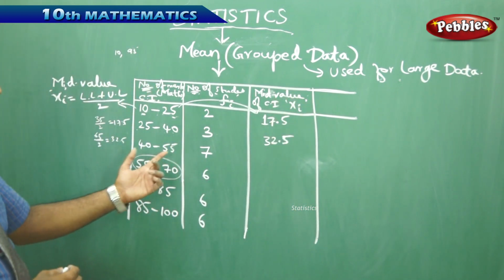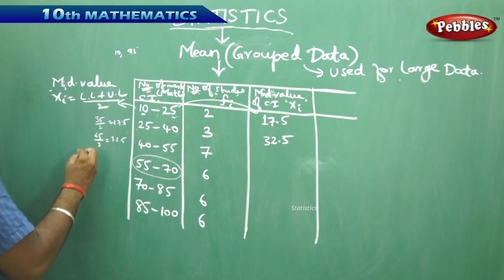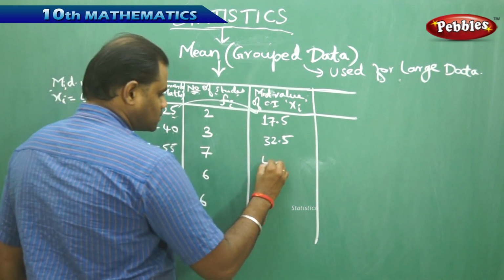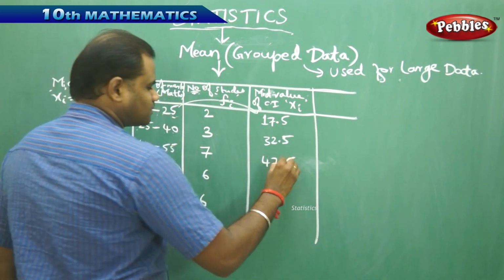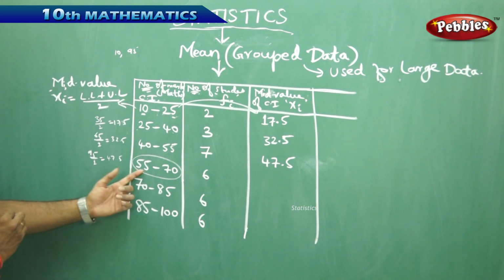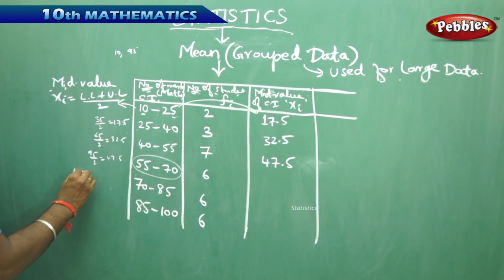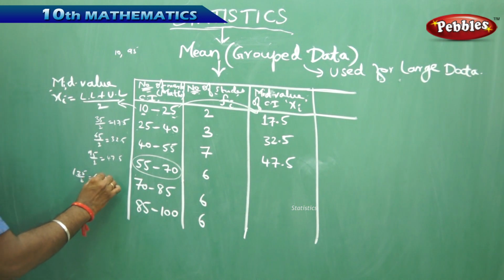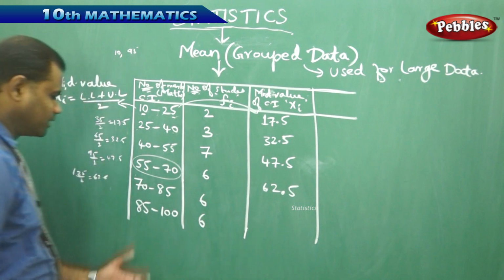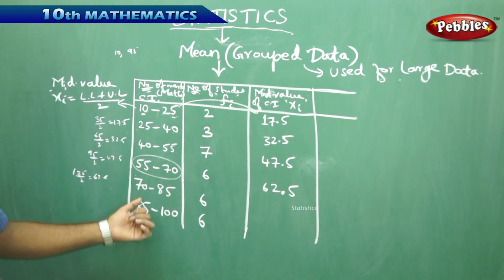Similarly, for 40 to 55, which is 95 by 2, that is 47.5. And 55 plus 70 is 125 by 2, so 62.5 is the mid value of the class interval 55 to 70.